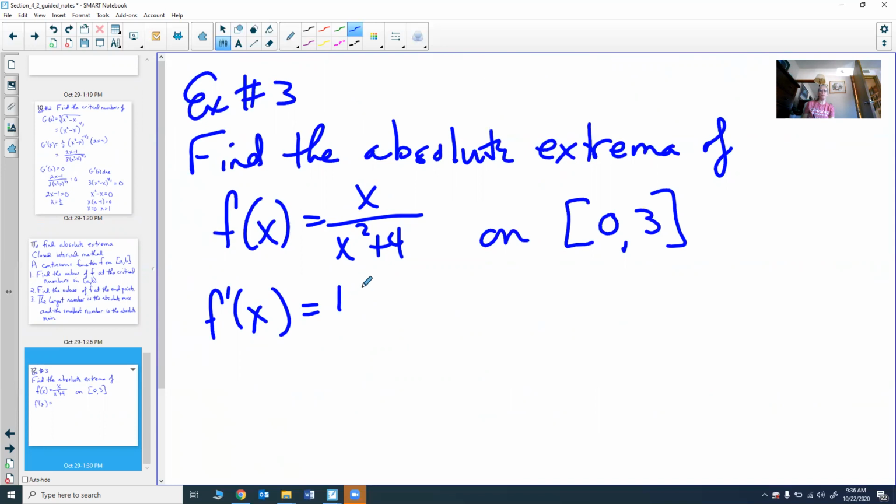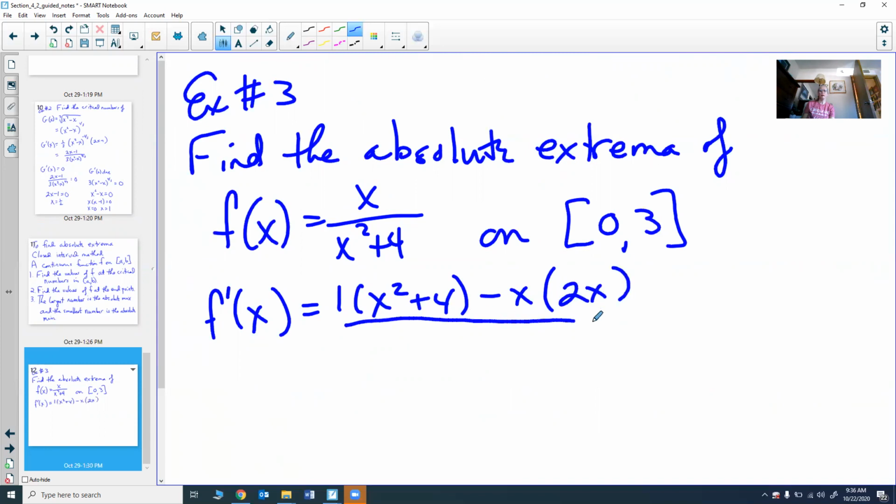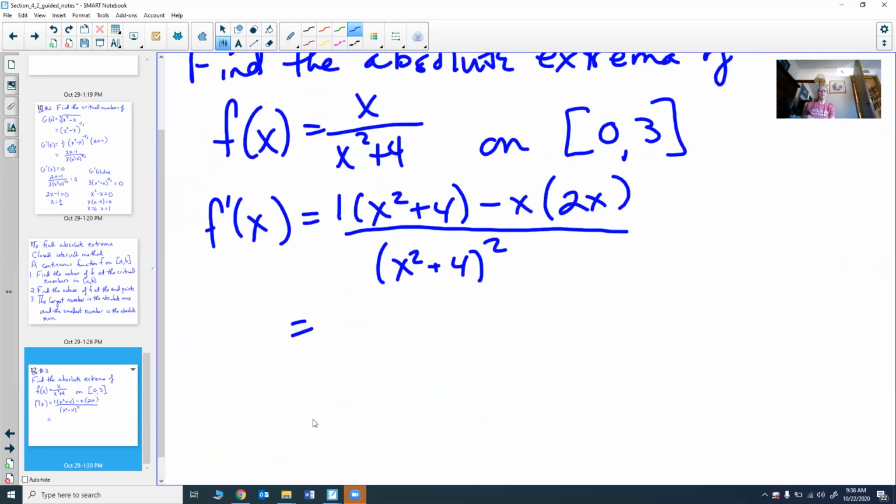So the derivative of the top is 1, times the bottom, minus the top times the derivative of the bottom, which is just 2x, all over (x² + 4) squared. All right, let's simplify this a little to make it nicer to work with.